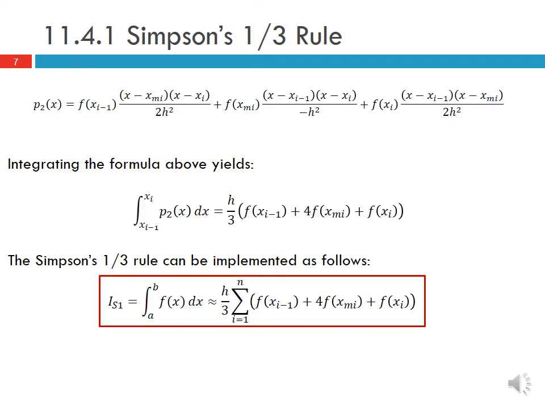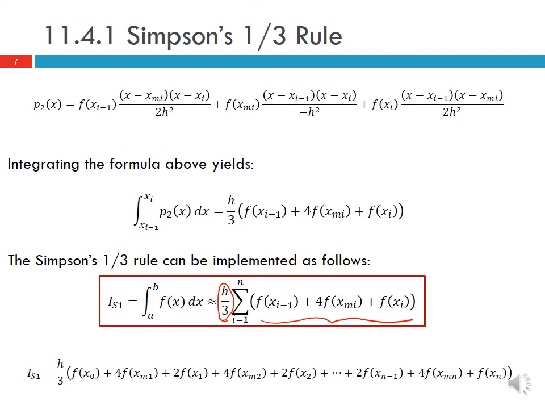So the integral over the entire domain can then be implemented as shown here. It's h over 3 times the sum as i goes from 1 to n of these values. It's called Simpson's 1/3 rule because we end up having this 1/3 coefficient. And this is what the formula looks like if you expand it out for several points.